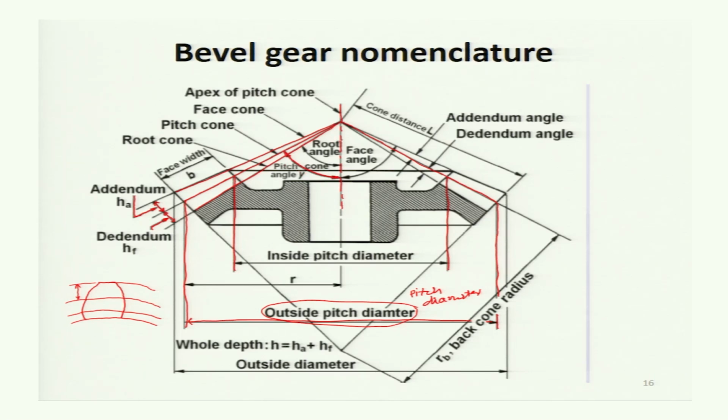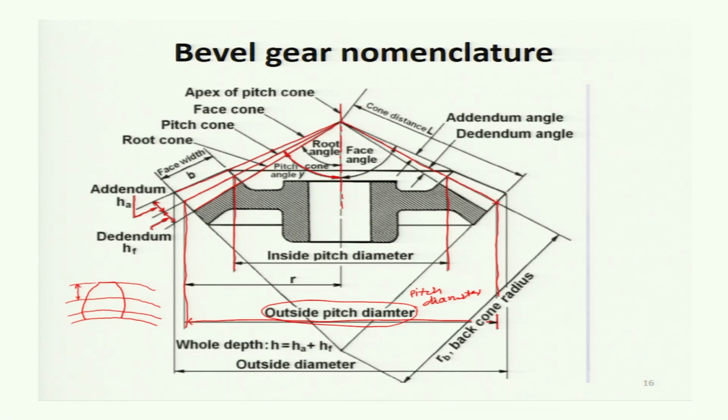Now, the angle made by the axis and the root cone is called the root angle, and the angle made by the face cone with the axis is called the face angle, which is shown here. From the apex, this length, when you extend it, is called the cone distance.